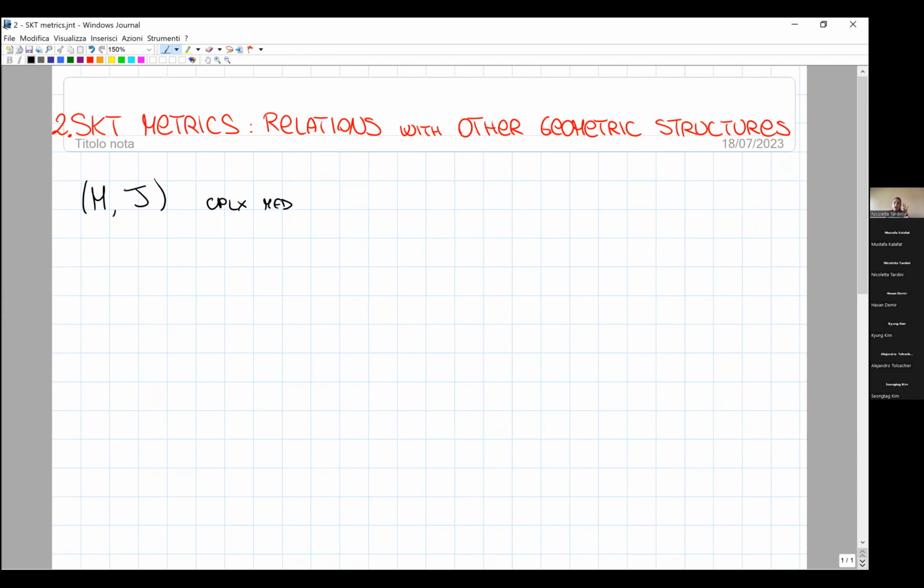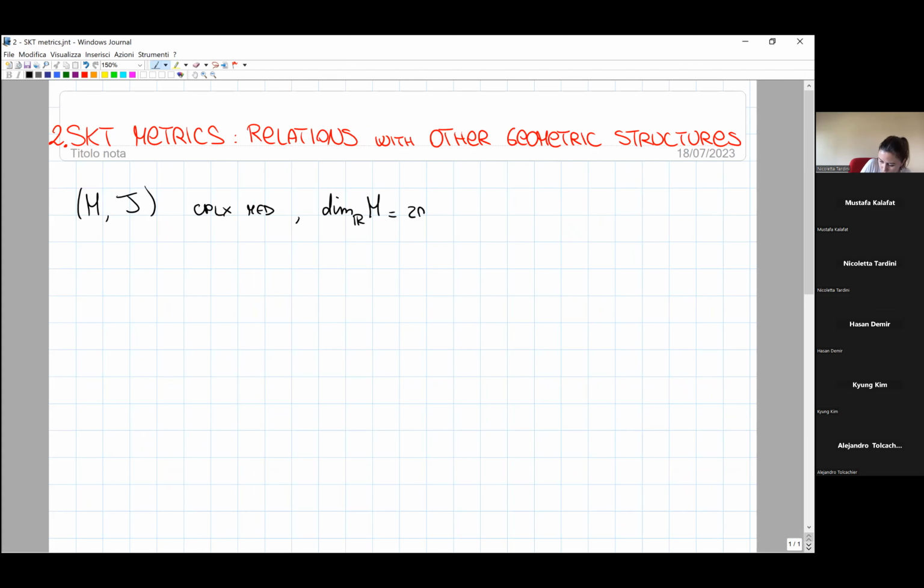It's a pair where M is a smooth manifold of real dimension 2n, and J is an endomorphism of the tangent bundle that squares to minus the identity. This is an almost complex structure.